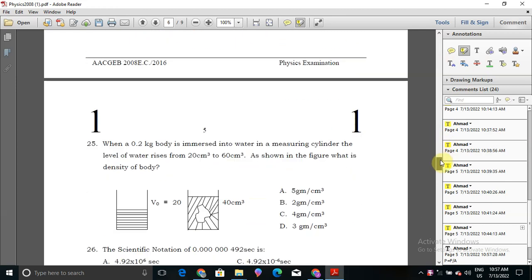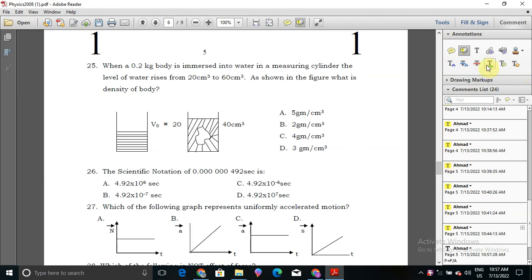Okay, now in question number 25, it says when a 0.2 kilogram body is immersed into water in a measuring cylinder, the level of water rises from 20 centimeter cube to 60 centimeter cube, as shown in the figure.